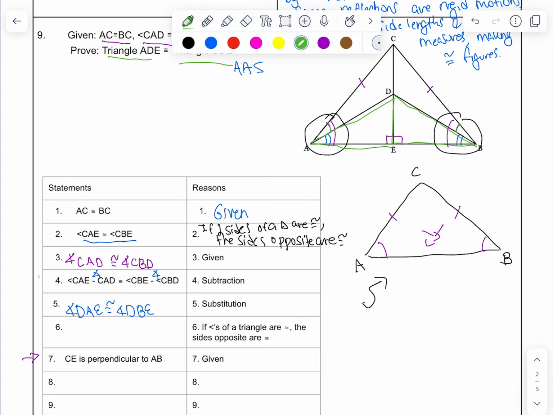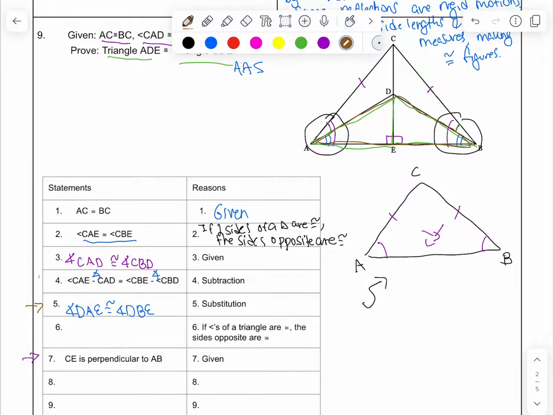Sorry. So now it's saying if angles of a triangle are congruent, the sides opposite are congruent. So that's coming from what we just proved here. So we just proved that the two blue angles, angle DAE and angle DBE, are congruent.